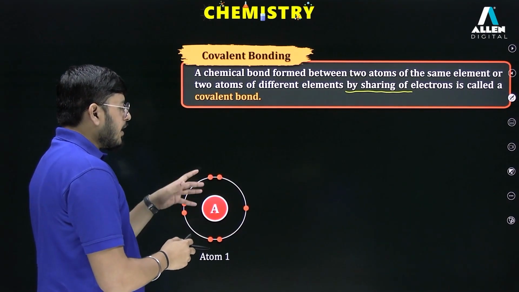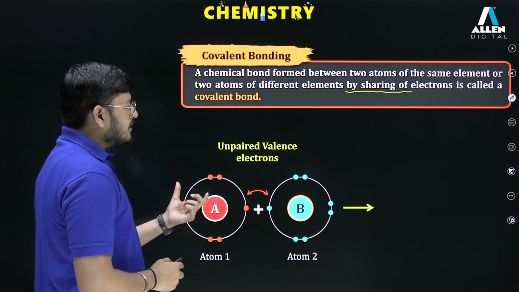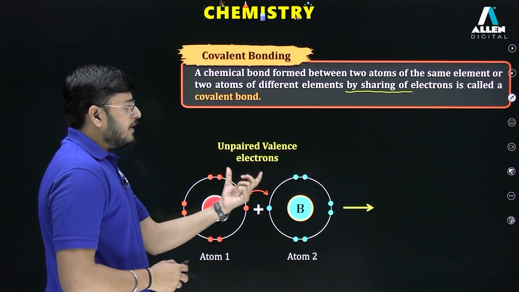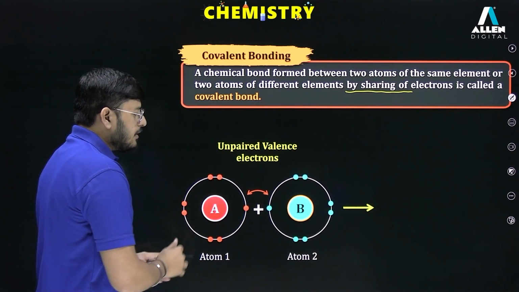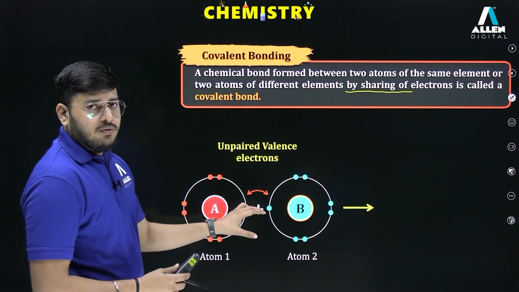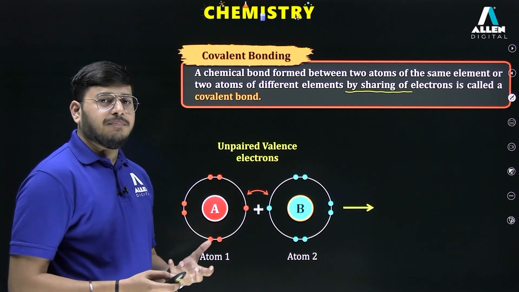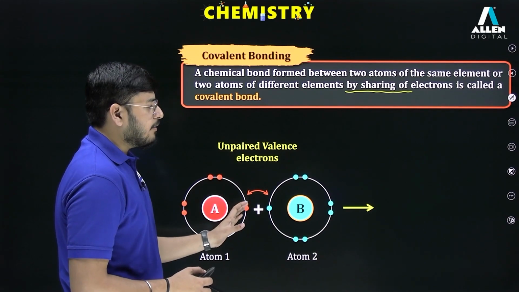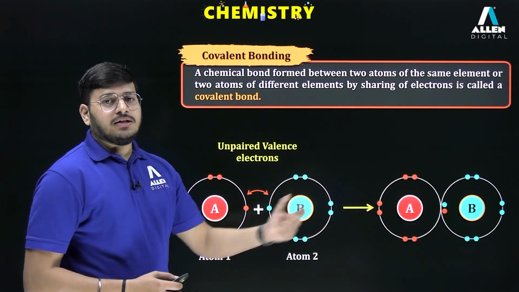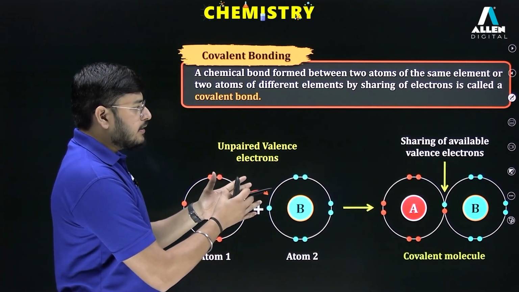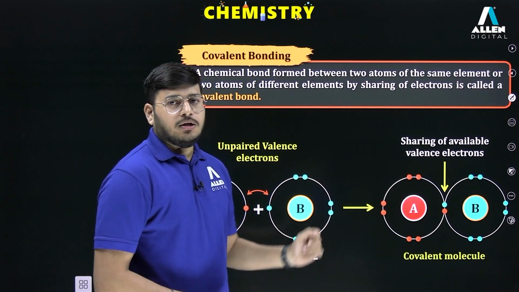How does it exactly take place? We have an atom A and an atom B. These have unpaired valence electrons. This will be called a pair, this will be called a pair. So these are the paired electrons, and 1 electron is left unpaired in each of these two atoms. Now, they will share this 1 electron with one another and form a covalent molecule.